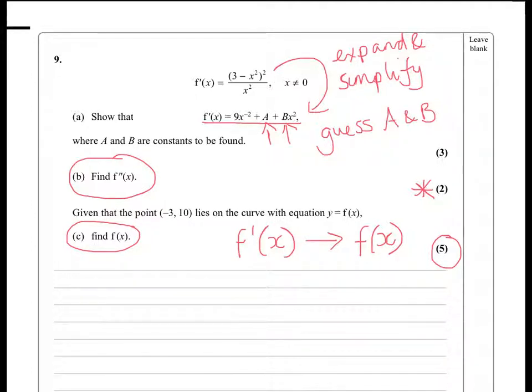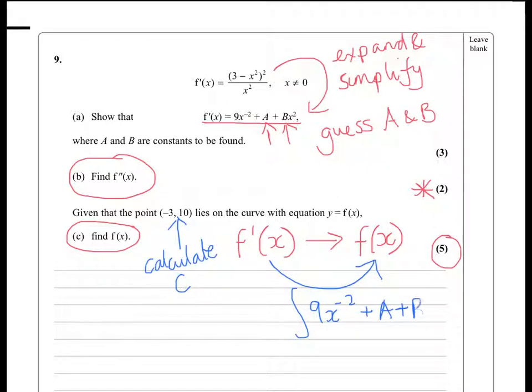This here, the point minus 310, seems like a meaningless piece of information, but that allows you to calculate your C, because to get from there to there, you must integrate whatever you got in part A. So it's integrating that, whatever your A was, whatever your B was, x squared with respect to x. So you're doing that.